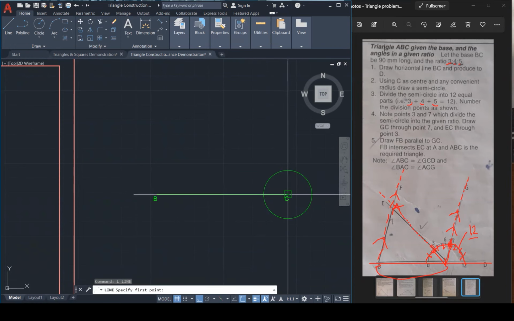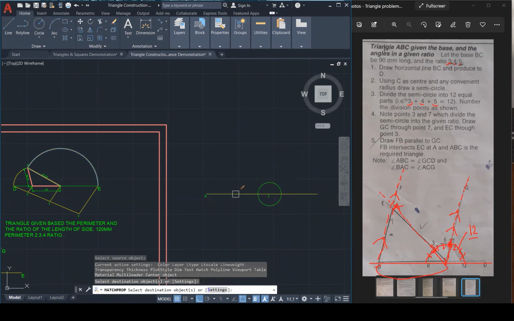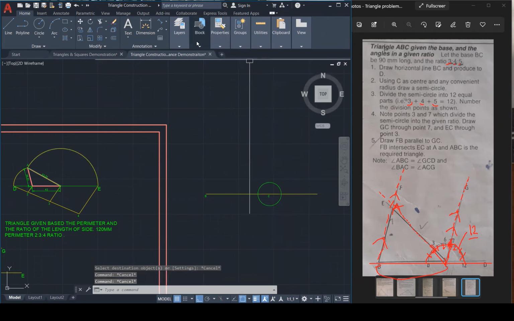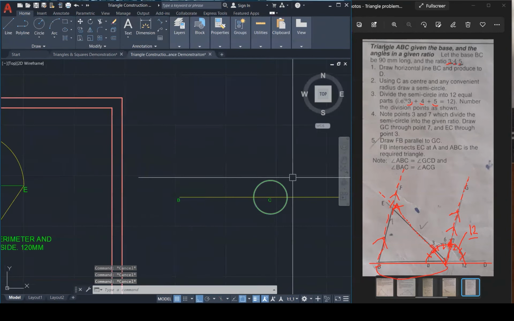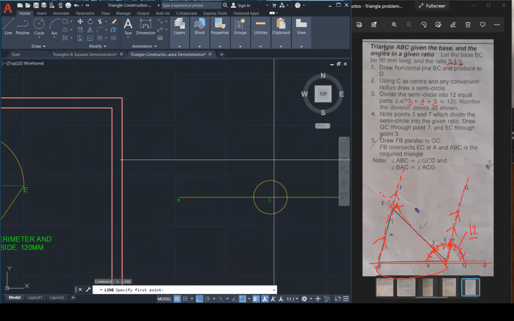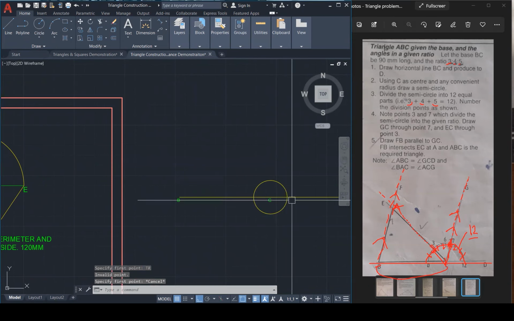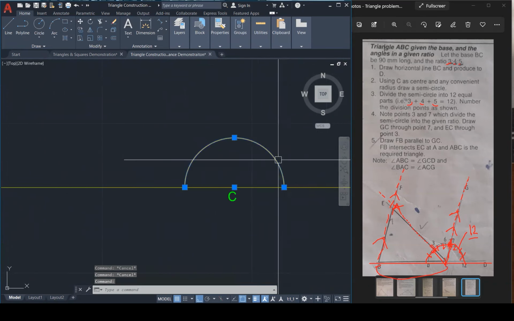But we're going to add on this line here, right? So these are construction lines. Probably going to construction there. That'll make a lot of sense. And now what I'm going to do is trim this, right? Because I want a half circle.